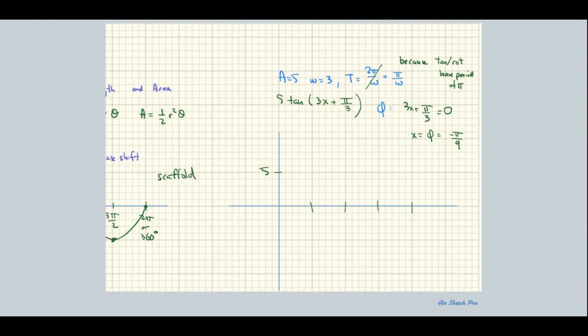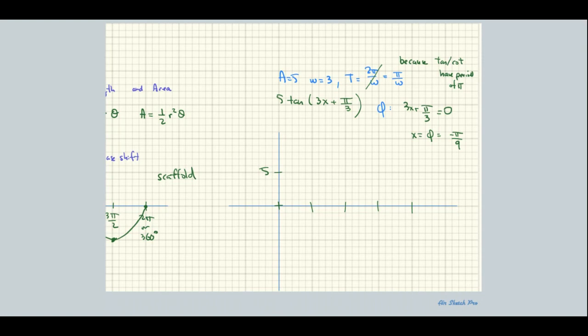Okay. Now normally the y-axis is my x equals 0 axis, and I'm going to set up the origin now at negative pi over 9. And do I want to do it that way? Oh, no, I don't want to do it that way. I'm just going to graph the tangent function in the usual way.